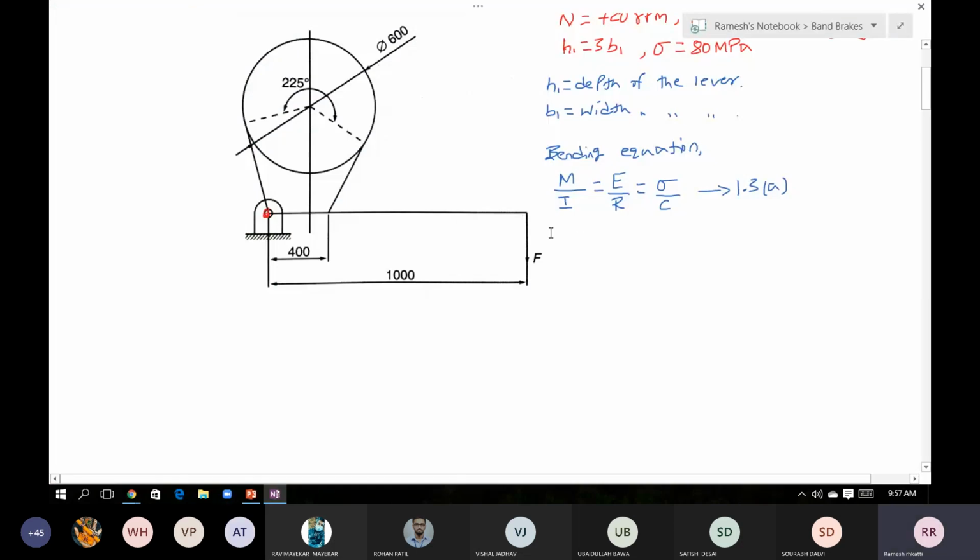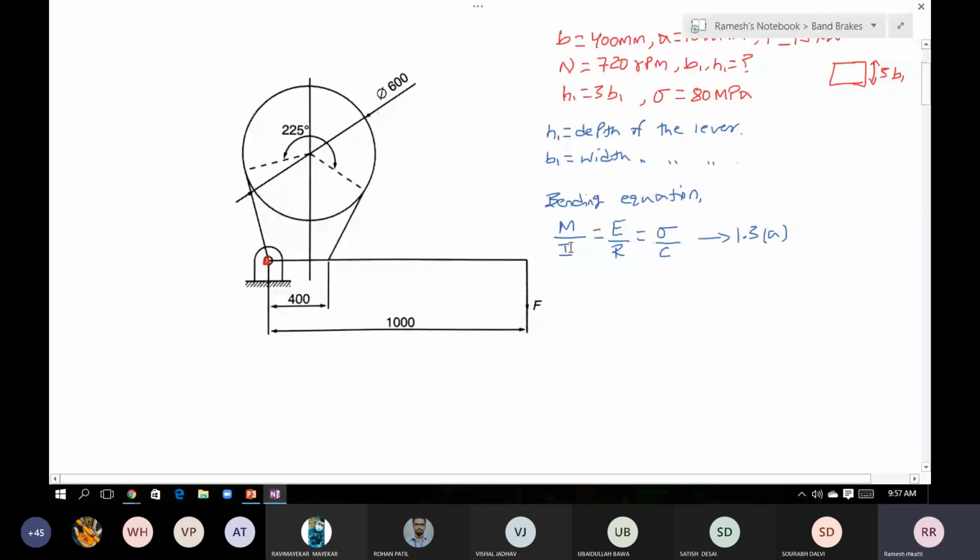Sorry for the disturbance. So bending moment by moment of inertia is equal to stress by C. For a rectangular cross section, moment of inertia is BH cube by 12. For this rectangular section, whatever the depth and width is, we take H1 and B1. That's why I will write it as B1 H1 cube by 12.